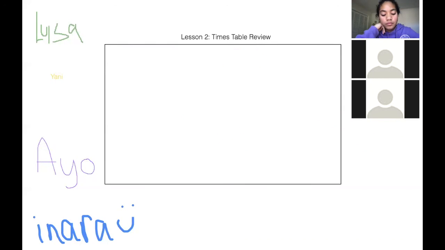So for the first example, the first practice problem, it would be 3 times 25, which equals, and you can pause right here and then solve it, and then we'll come back to it. So if you got that right, it would be equal to 75.